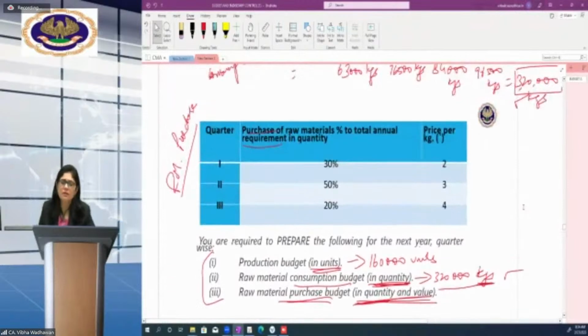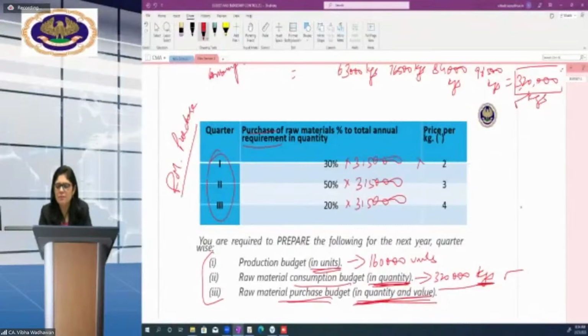But the organization wishes to purchase this raw material in the first 3 quarters only. So 30% of 3,15,000 in the first quarter, 50% in the second quarter, and 20% in the third quarter.